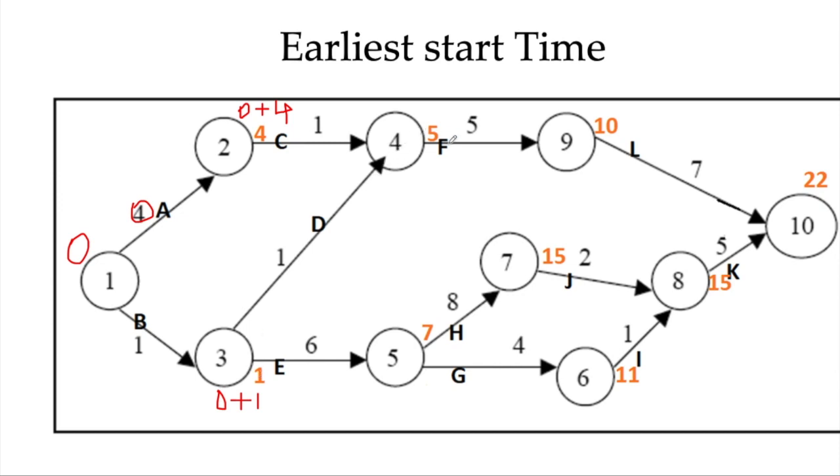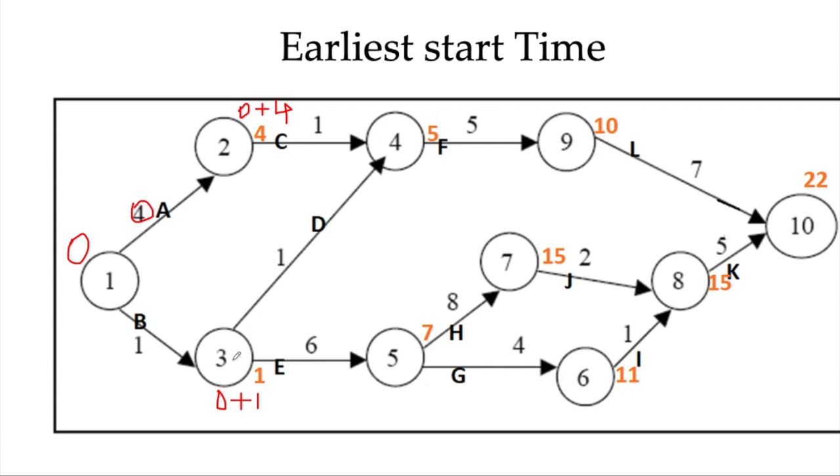Now, when this event 4 will finish, event F or activity F can start. So along this path, we can say that activity F can only start when both these activities C and D have finished their processing. So when will C and D finish? C will finish at the 5th day because it starts at the 4th day, and so obviously it will end at the 5th day.